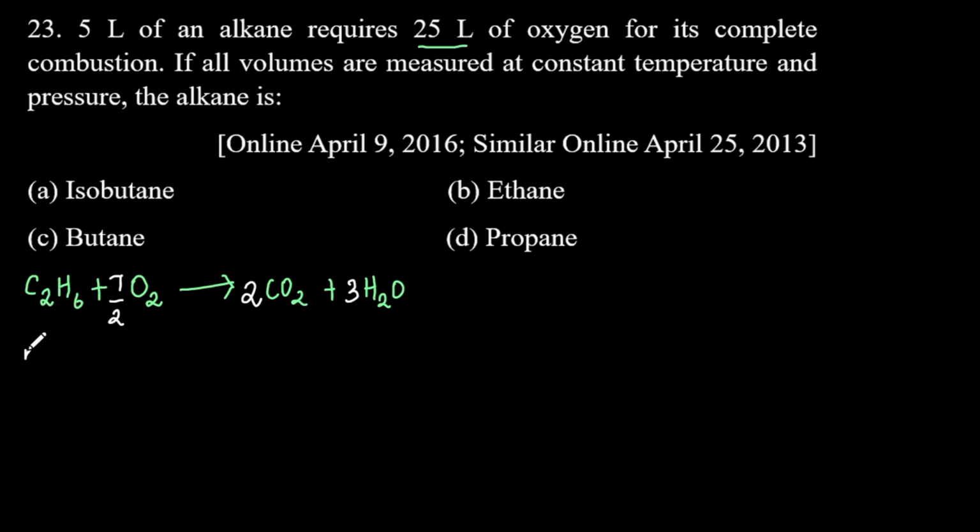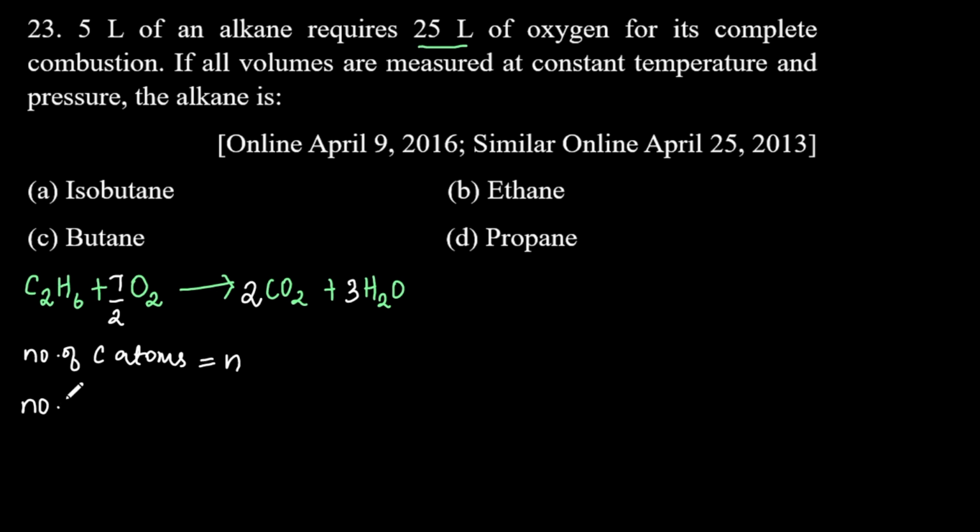Let us consider the number of carbon atoms as n. And from this n, we are going to write the coefficient of the other terms. The number of moles of carbon dioxide produced is 2, and the number of carbon atoms is also 2.